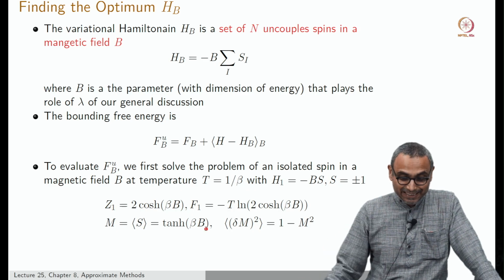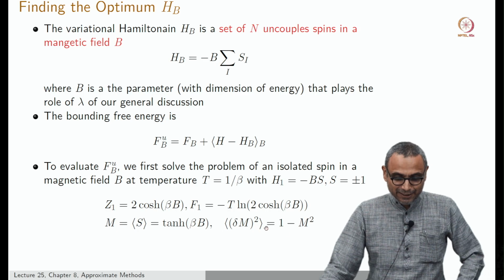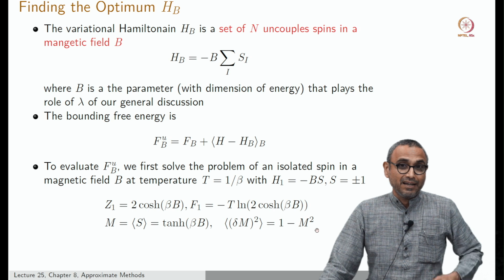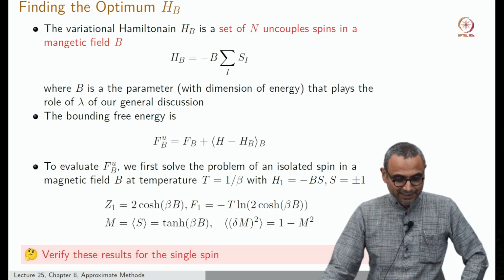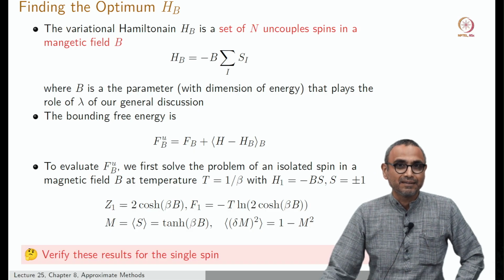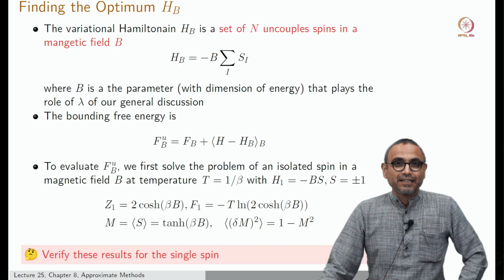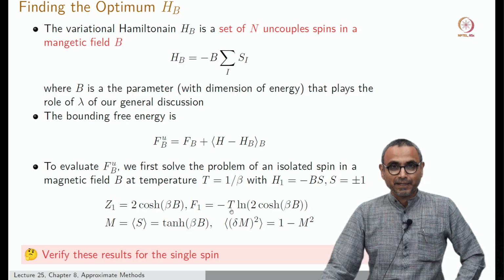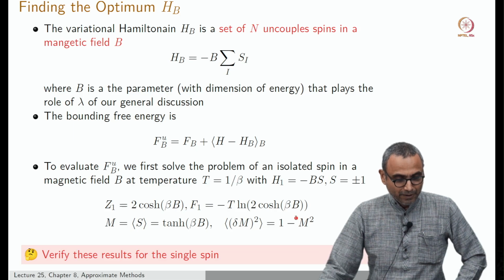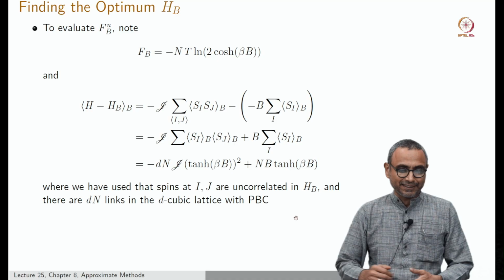Now, here is a very nice result. The fluctuation in the magnetization squared turns out to be 1 minus m squared. I invite you to prove this. It's a very straightforward thing, but this is something worth knowing. Okay, so please pause the video and verify these results. It's pretty straightforward. Okay, we'll proceed now on to the computation of the free energies.